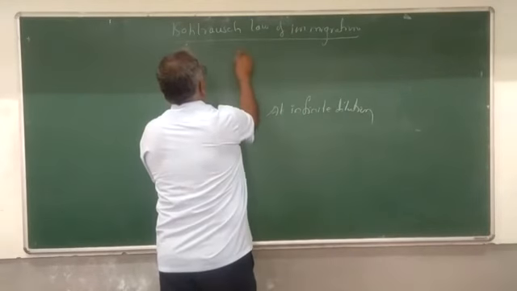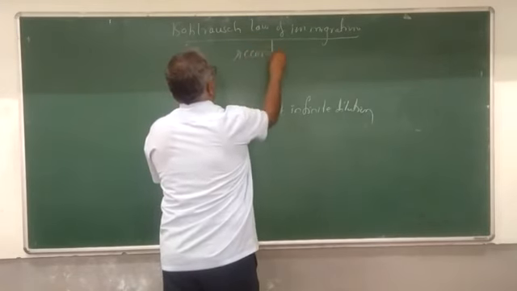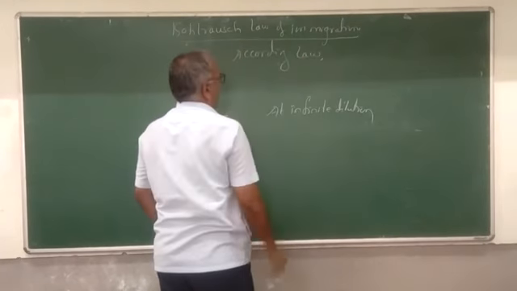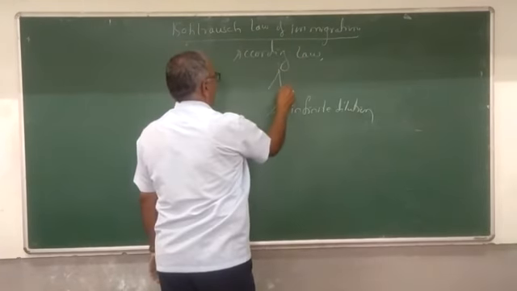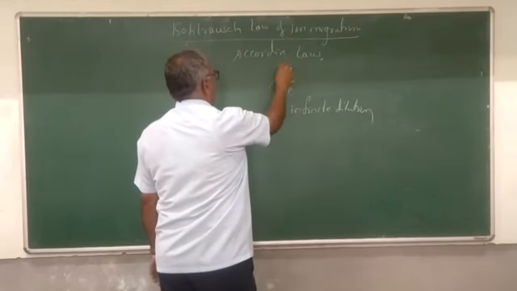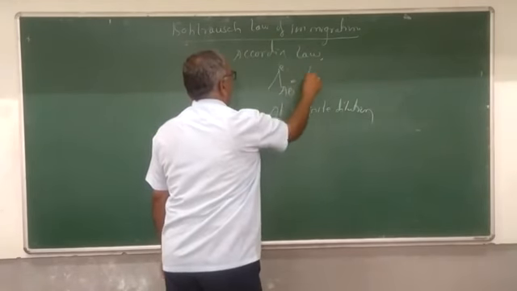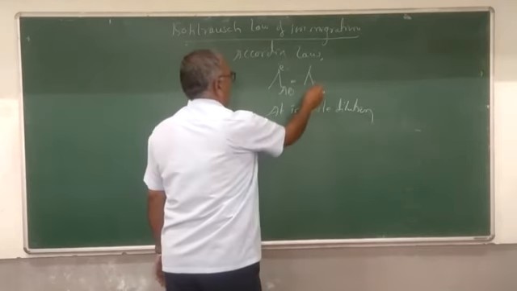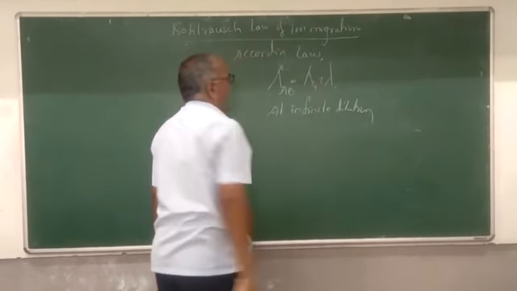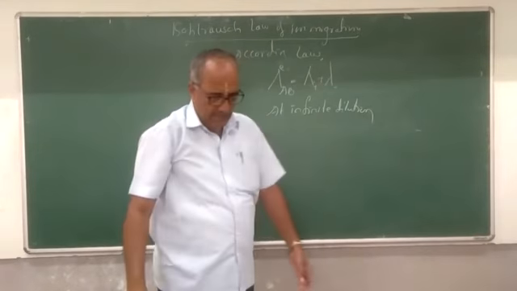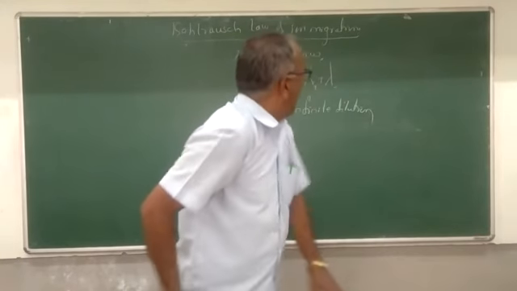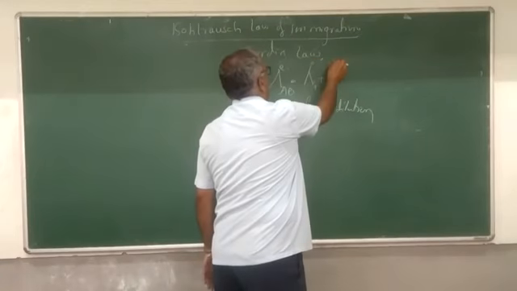According to Kohlrausch law, the molar conductance of an electrolyte AB at infinite dilution is equal to the sum of the molar conductivity of the cation and the anion. This is the mathematical expression of the Kohlrausch law at infinite dilution.